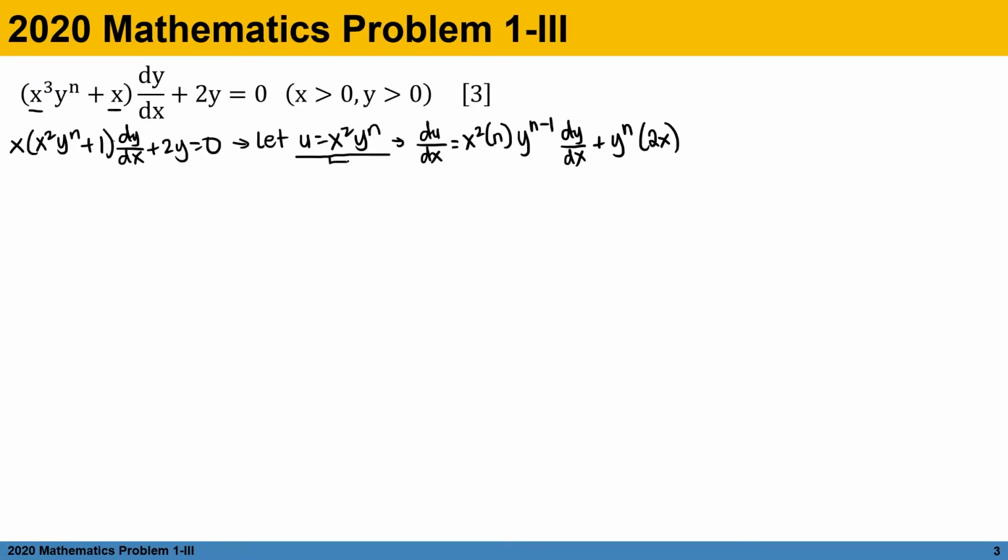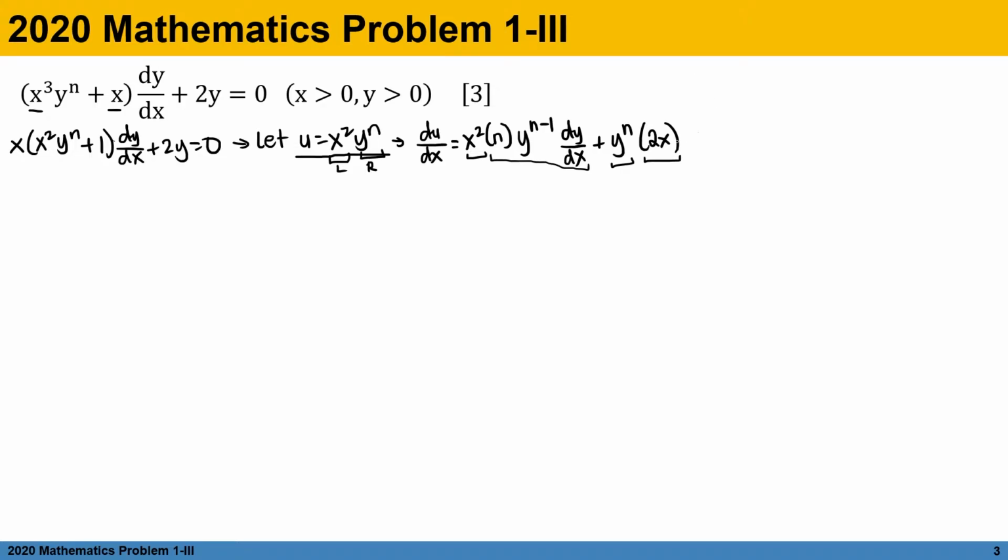I use x squared as the left group and then y to the n as the right group. And applying product rule, we have left times derivative of the right plus right times derivative of the left. So this is du over dx.